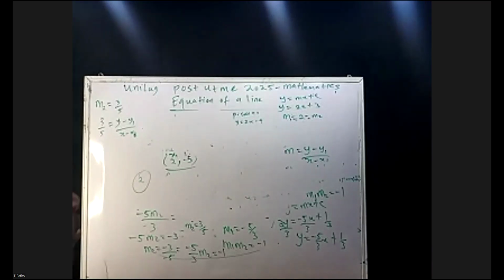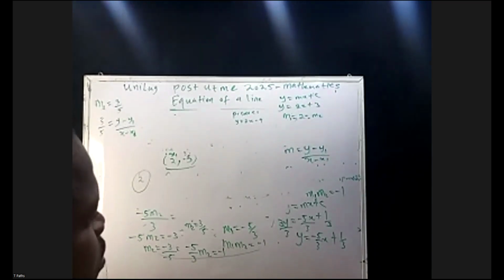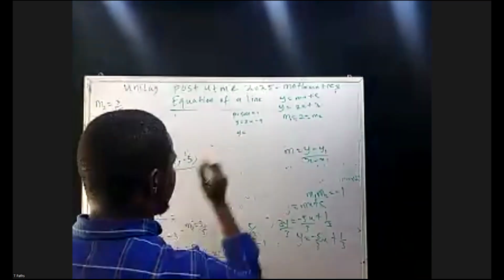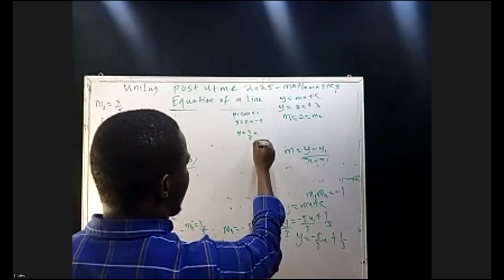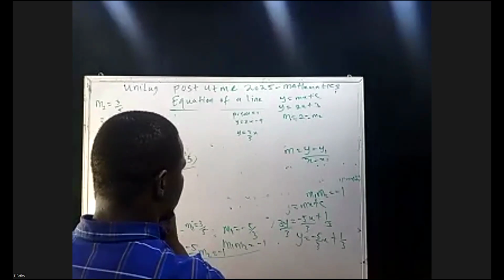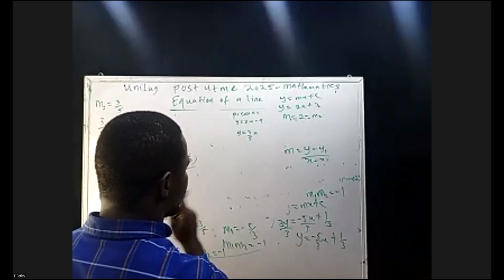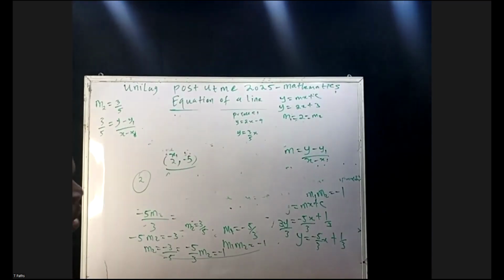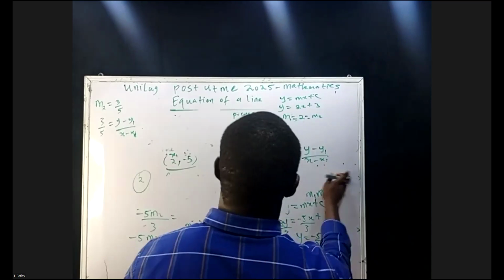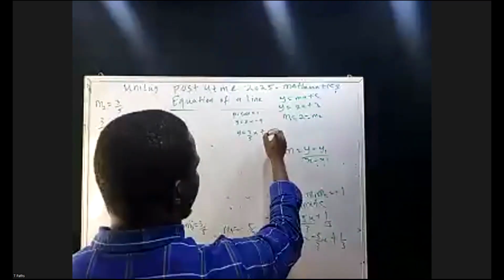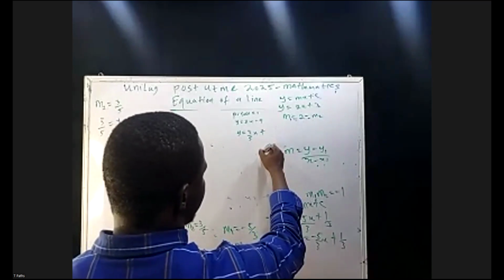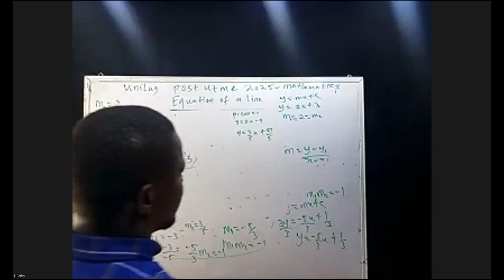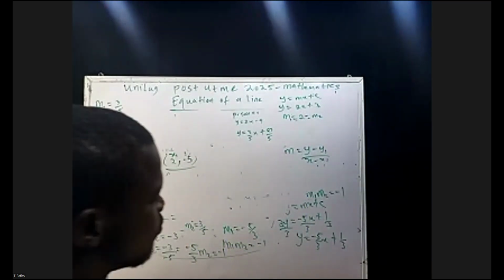The second one? y equals 3 over 5 x plus what? 23 over 5. Yes. Okay. Thank you very much.